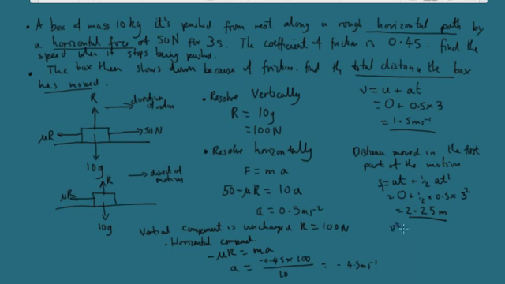Now again we can use our equations of motion. We're going to use v squared equals u squared plus 2as to find out s. So the final speed now is going to be 0. Our initial speed is going to be the same as the final speed here, so it's 1.5 squared plus 2 times minus 4.5 times s, which we want to find out. And this is going to be the second part of the motion, so we'll call it S2.